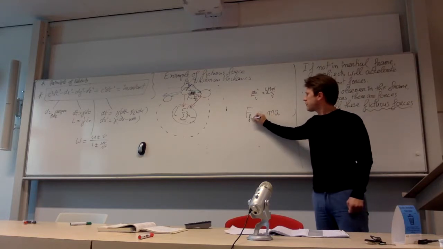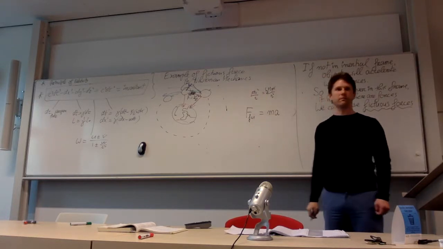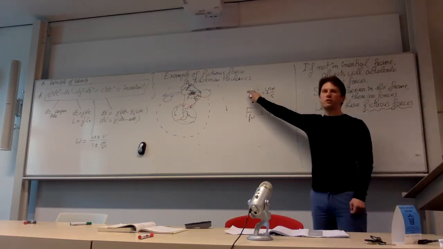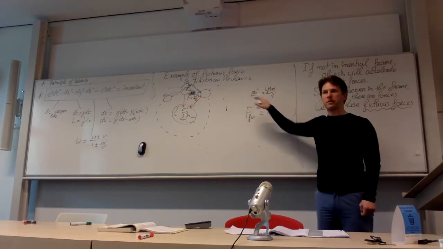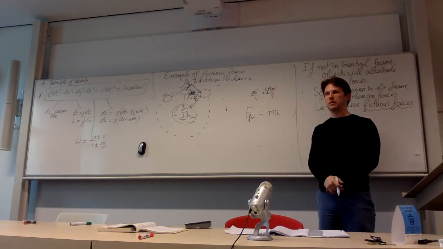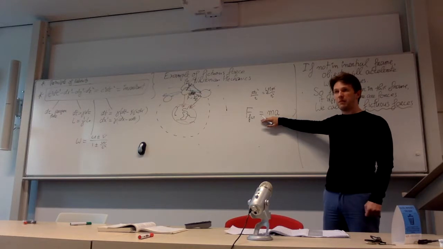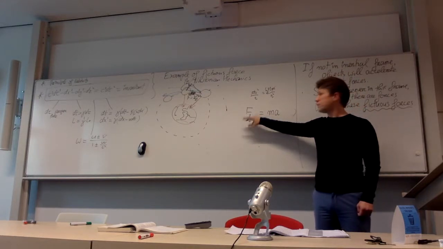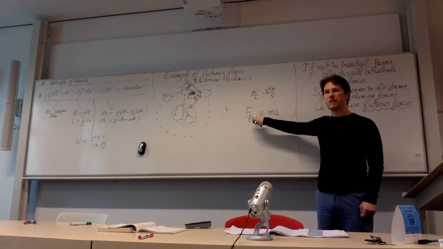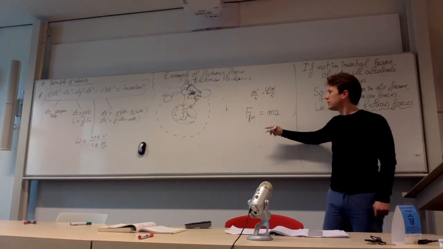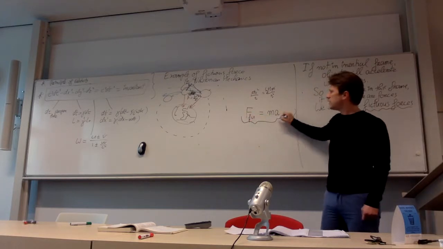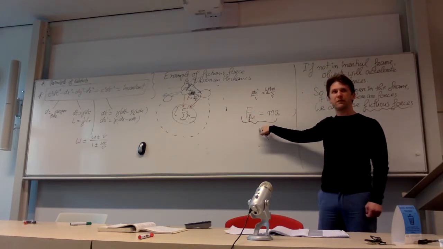Suppose that this is a fictitious force, maybe this one. Then this one will also come with an m. It will drop out on both sides. Right hand side will always have an m, simply because it's Newton's second law. Left hand side, if you're going to add a fictitious force, is going to have an m, because it's a fictitious force, and they always come with m's. So whatever fictitious force you're going to put in, you will get an answer that's irrespective of the mass of the object.